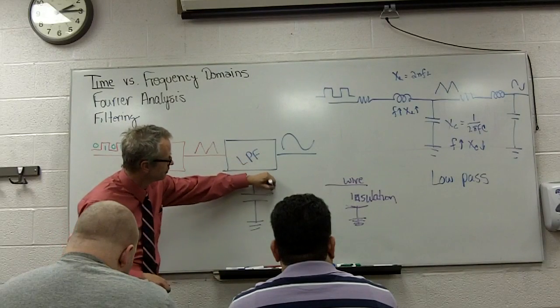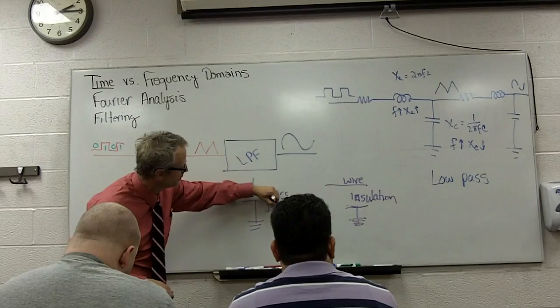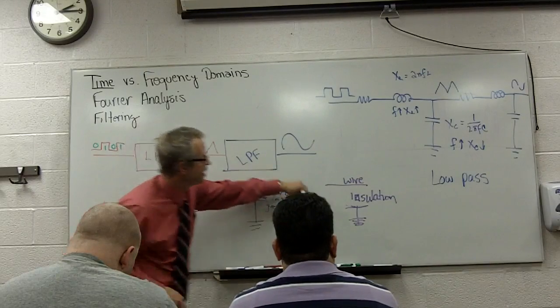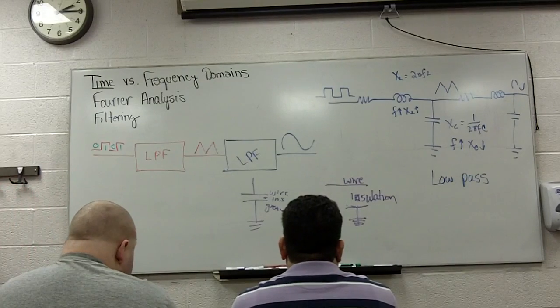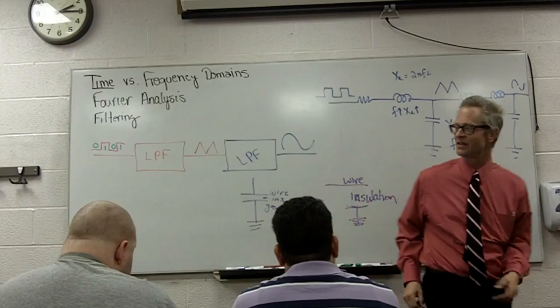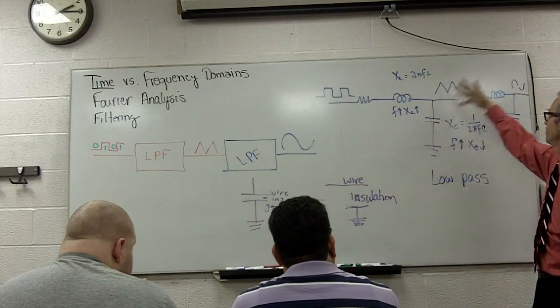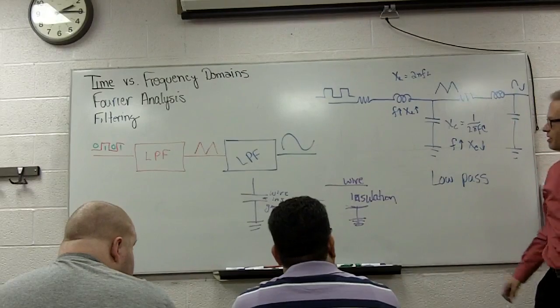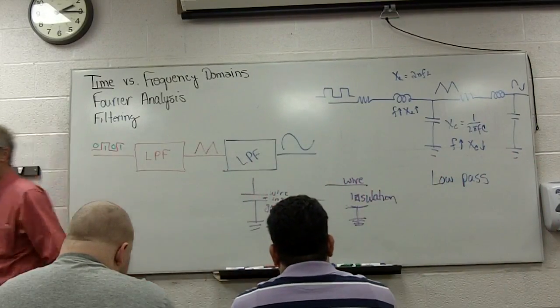Wire, insulation between, and ground. Equals the same thing. Makes sense. So guess what? There's capacitance in your system, there's inductance in your system, and there is resistance in your system, which ultimately gives us a low pass filter.